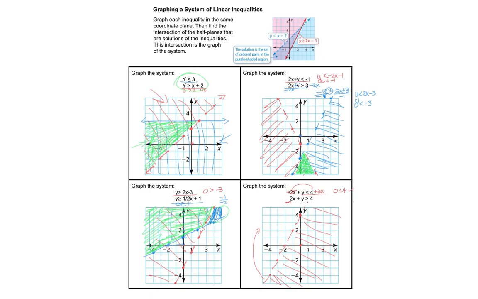All right, let's minus 2x. So this one, my y-intercept's 4, and we're going down 2 to the right 1. This one is a dash line, and it's everything's greater than.